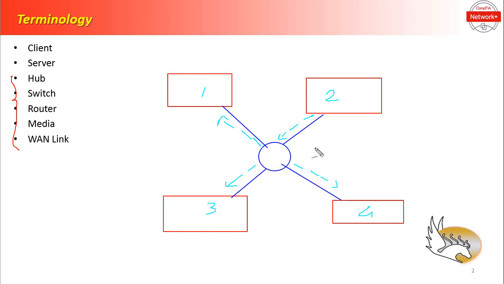So a hub can be kind of a relay. So when I receive signals from computer 2, I don't just send it to other computers, I relay the signal. As a matter of fact, I amplify the signal to make sure that this signal is not going to be degraded on its travel to the other computers.